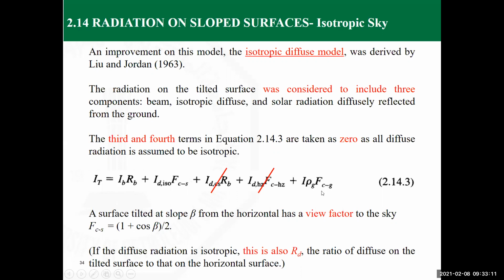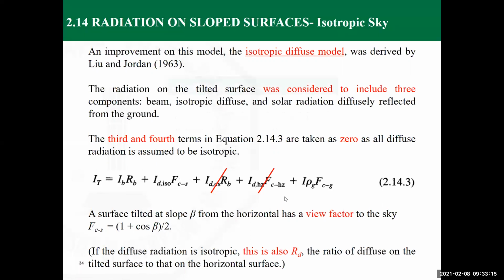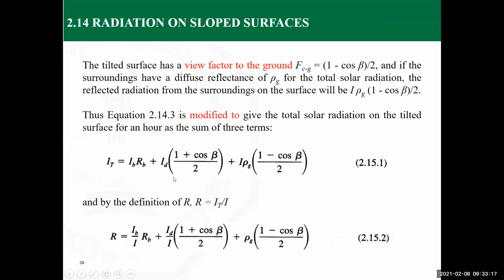We are going to substitute these values in this equation and come up with this equation, which is basically IB, RB. This is the beam component, ID, the diffuse component, times 1 plus cosine beta over 2.